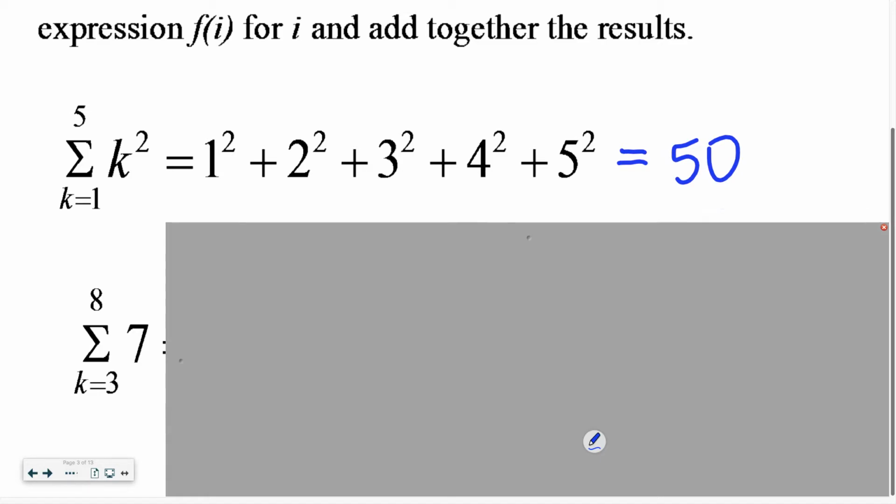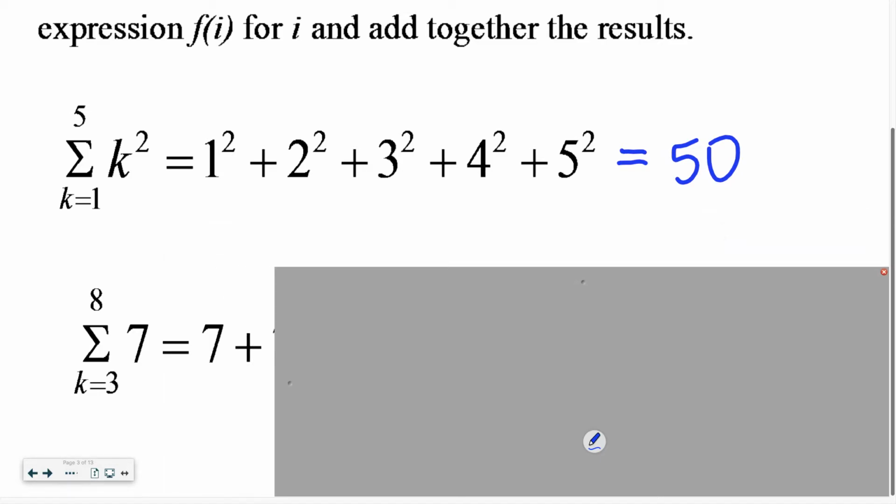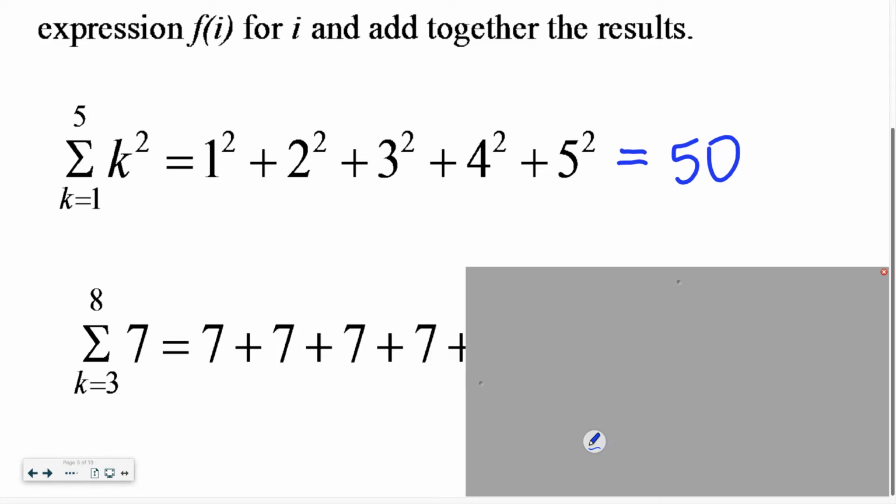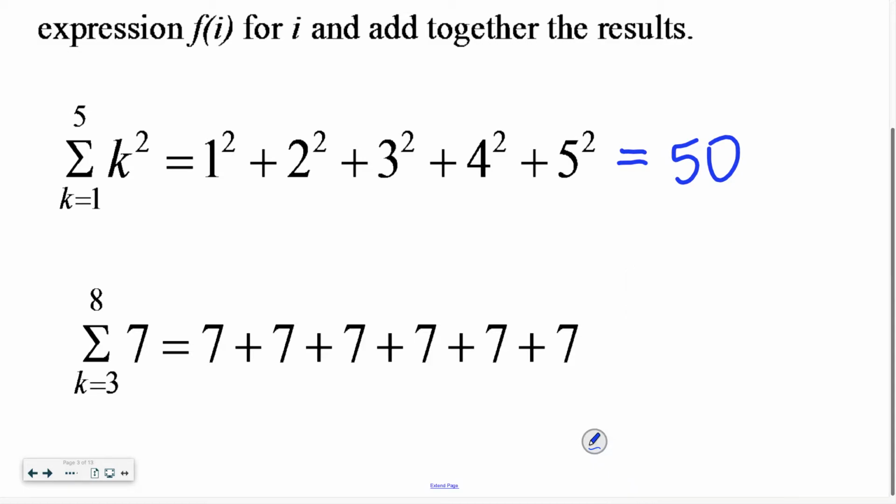No. So we have 7 plus 7 plus 7 plus 7 plus 7 plus 7. So here's 3, 4, 5, 6, 7, 8.